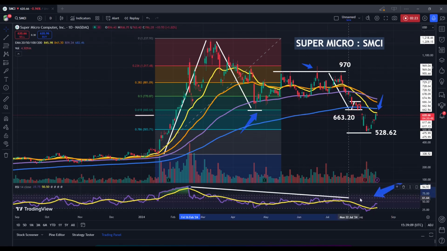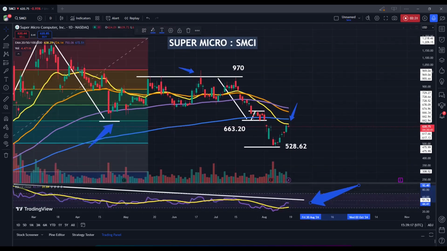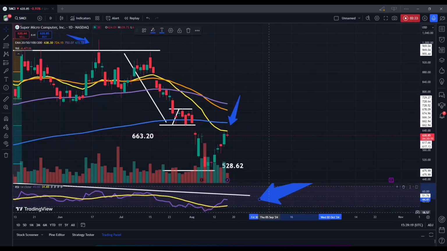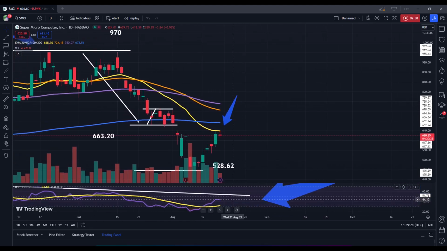The good news here is that we can see that the stock is somewhat close to breaking through this negative condition on the relative strength index. If we drill in here a bit and look at the indicator reading more closely, we can see that we're somewhat close now to overcoming this downtrend line, which does signify this negative momentum.